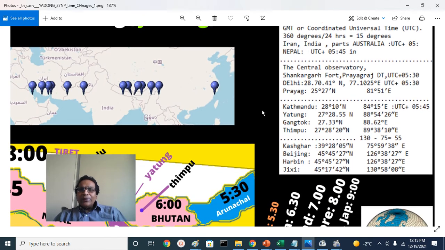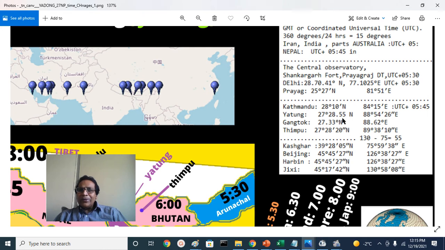See, we are going along this line parallel to the equator. So Kathmandu is around about 27, Yatung is 27. These are not that important. We are almost going parallel. I have taken here big towns.